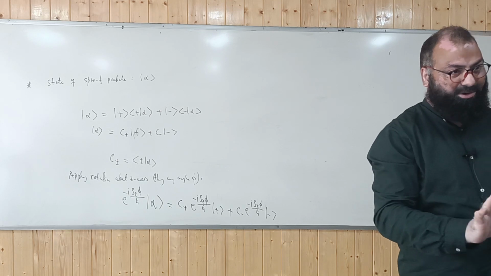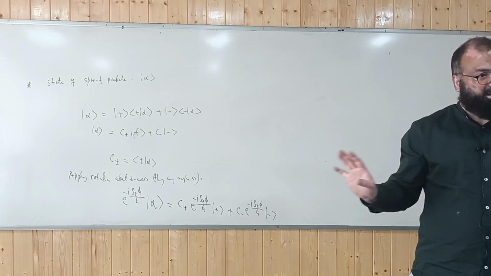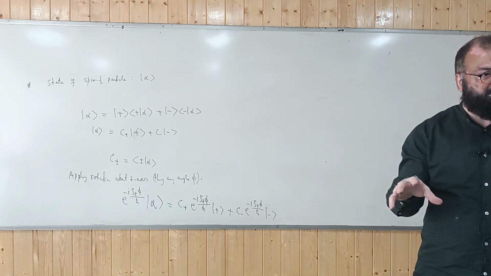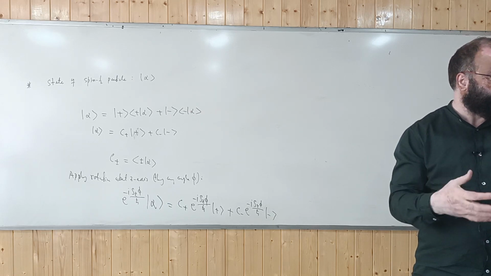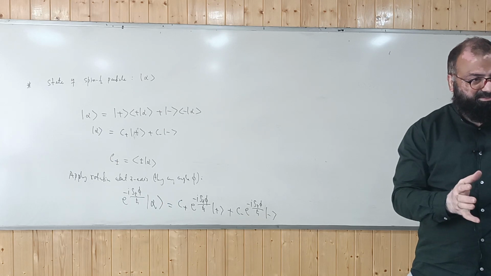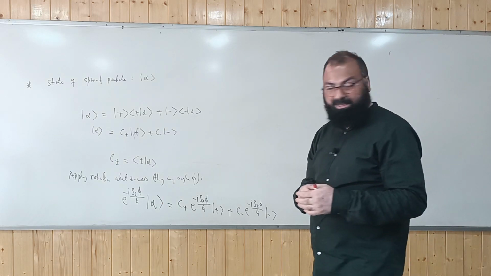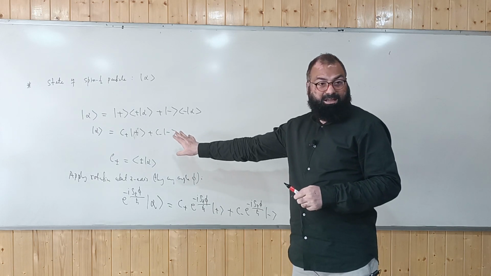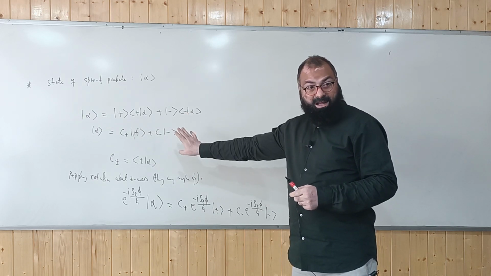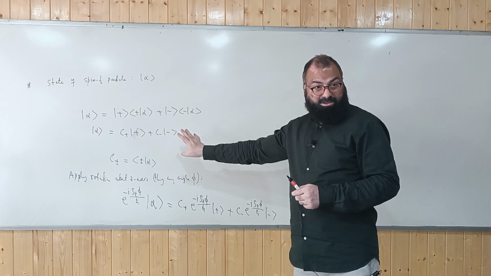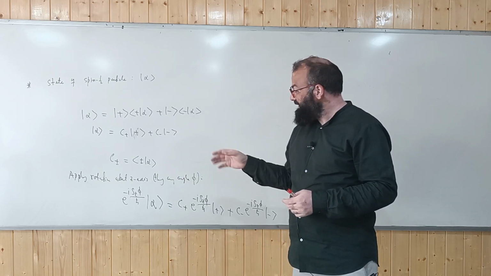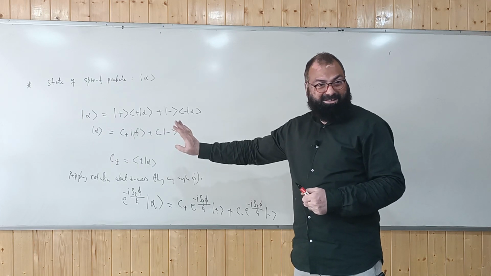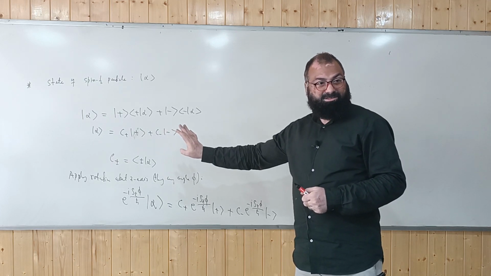You should mark the difference: in the previous example we studied just the average value, and now I am looking at the state vector itself, or the wave function of the particle itself. If describing it as a vector is heavy for you, consider it as a wave function.